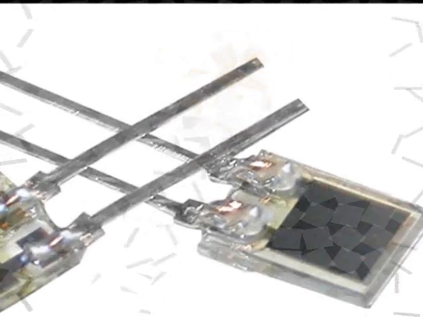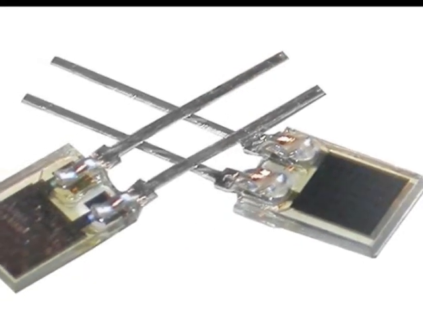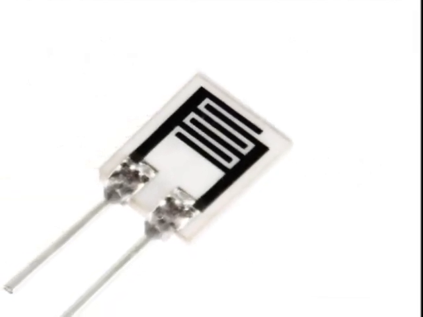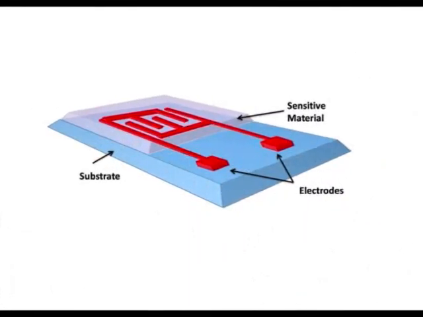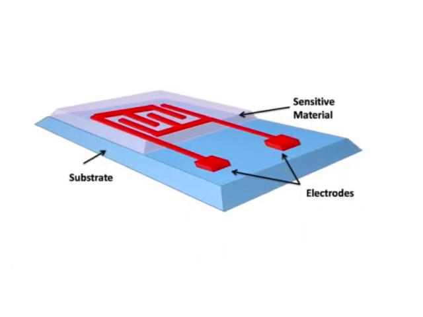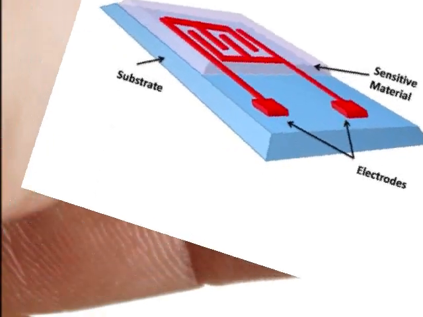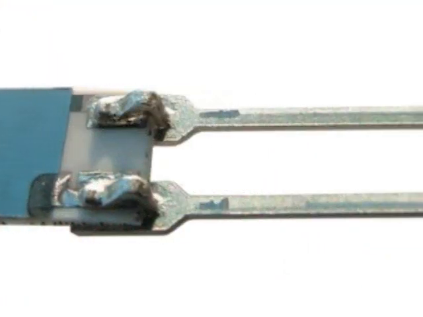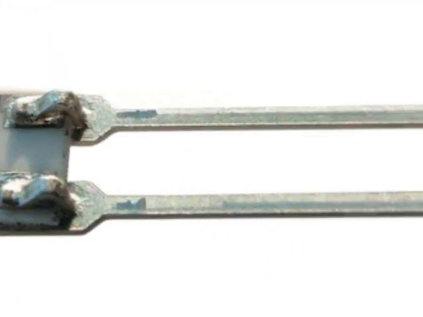Generally, the relationship between resistance and humidity is inverse. When the top layer absorbs water, the resistance between the electrodes changes. These sensors are cheap and relatively small in size. They are often used in industrial, domestic or residential and commercial humidity measurement.